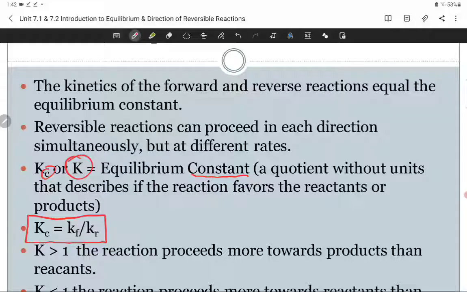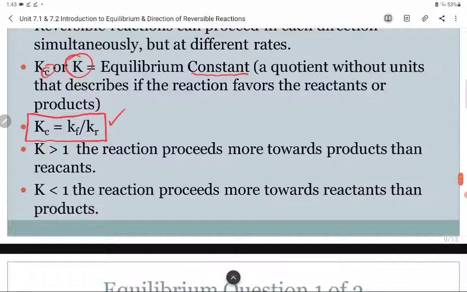So K, equilibrium K, capital K, equals the kinetics, that's the rate law constant, forward versus reverse. You might have a multiple choice, or a free response one-point part of a question where you might have to plug two values in to get a third value.